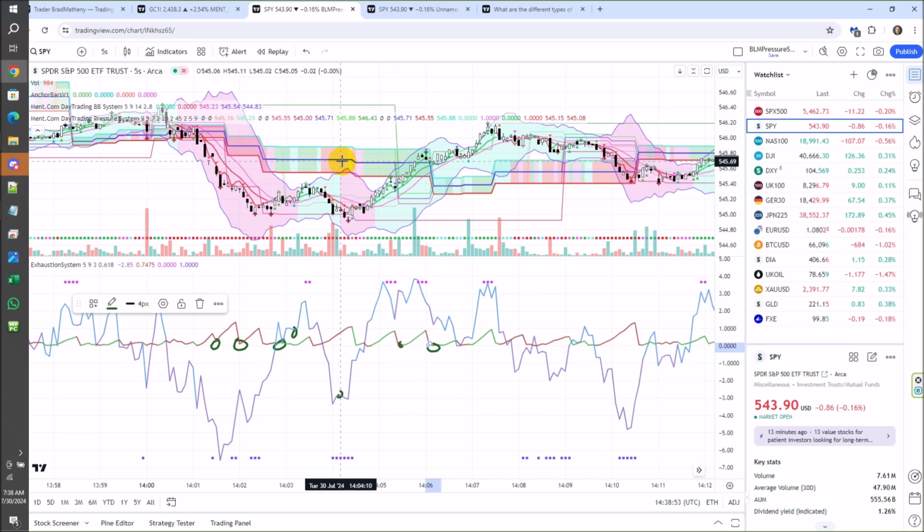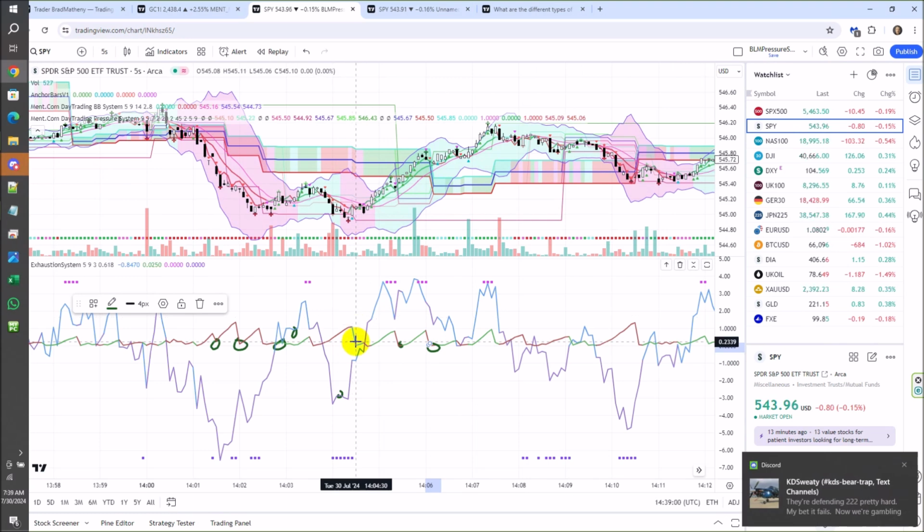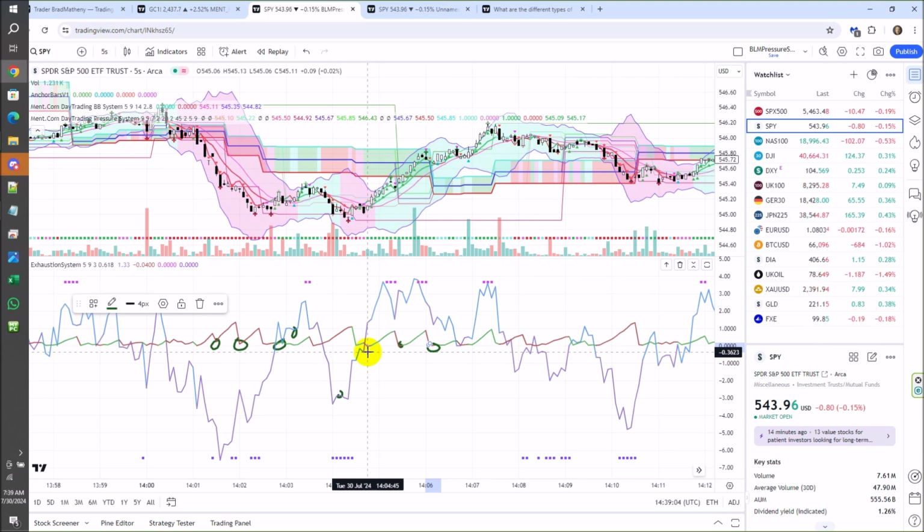So again, red, red, red, bearish. Red, red, green, it's a pullback. When it goes green here and purple here, so you've got green, red, and purple, that's neutral. You're bearish here, you're bearish here, and you're bullish here. So you want to basically stay neutral.